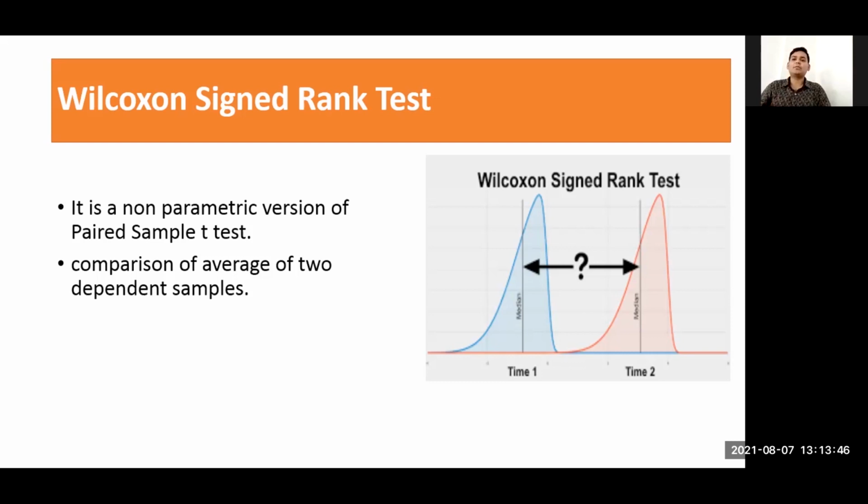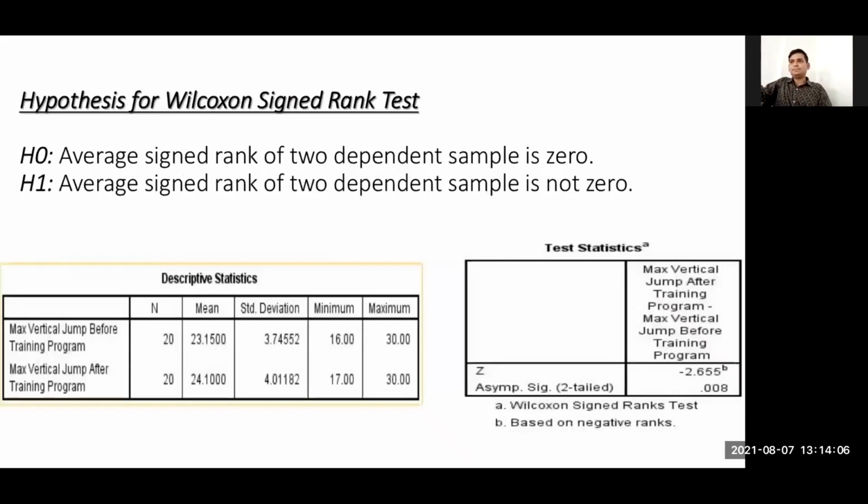So who is dependent on what? Both are dependent. Before has a relation with after, and after has a relation with before. Then only the comparison is possible. Otherwise, comparison is not possible. So the Wilcoxon signed rank test is for ratio data, a non-parametric version for dependent samples only, right? This is what we need to understand.